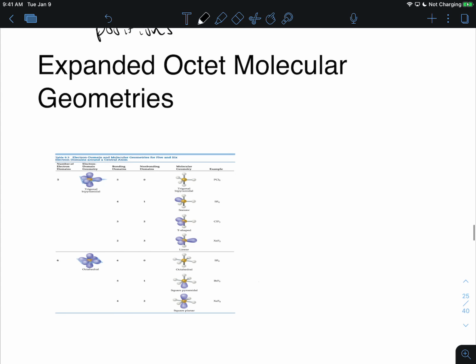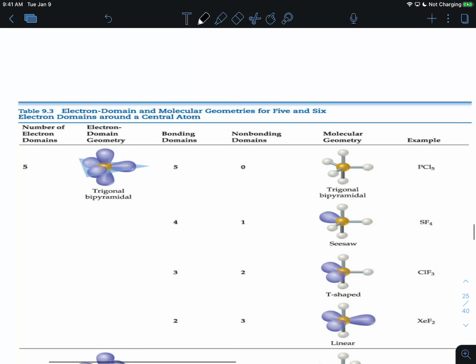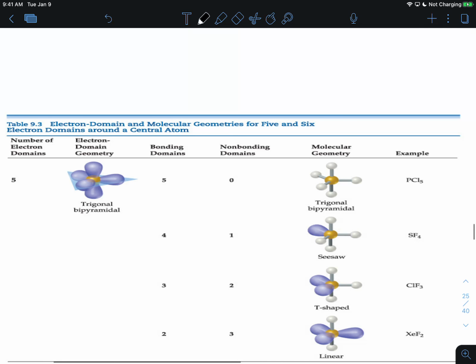So let's look at these right here. So here are our trigonal bipyramidal structures. So we can either have 5 electron domains, 0 non-bonding, 4, 1, 3, 2, 2, 3. So at 5 bonding, 0 non-bonding, we're going to have our electron domain geometry and molecular geometry being the same: trigonal bipyramidal.